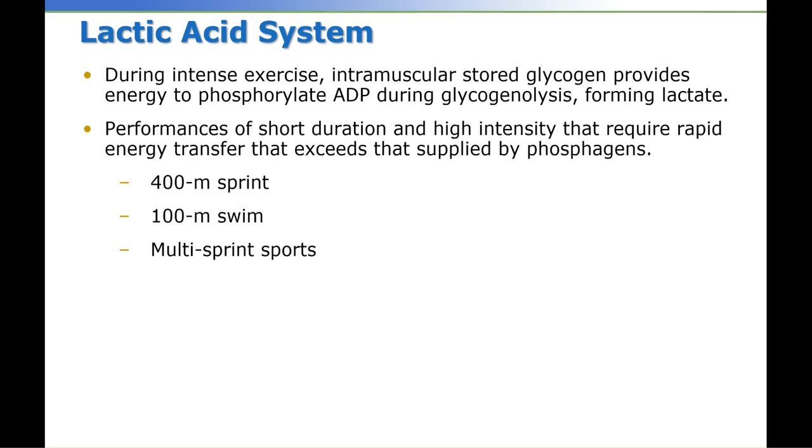So you have glycogen that becomes lactate by the end of this lactic acid system, by the end of the breakdown of glucose. What it does is the breaking down of that can phosphorylate ADP, so you have energy available.